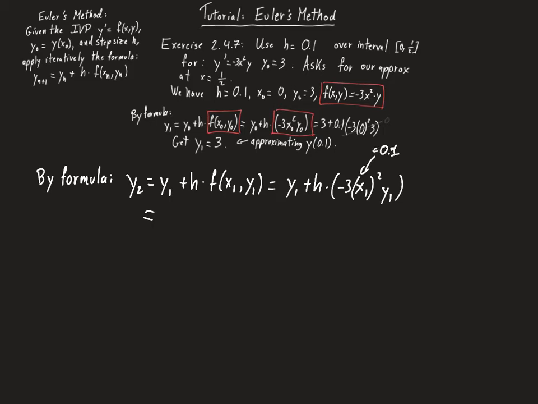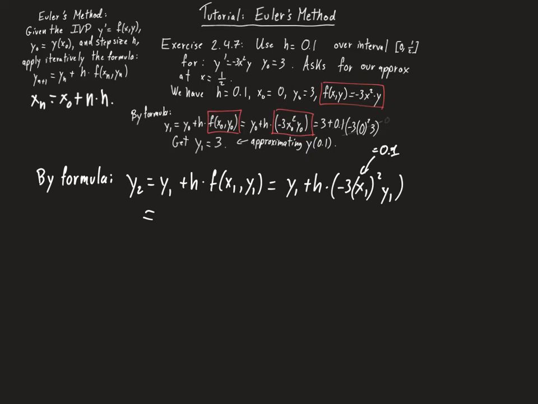Again, your xn is equal to x naught plus n times h. This is something that I should point out, or that I should just add up here. Cool. So in this case, we've iterated once, so our x1 is equal to 0.1.